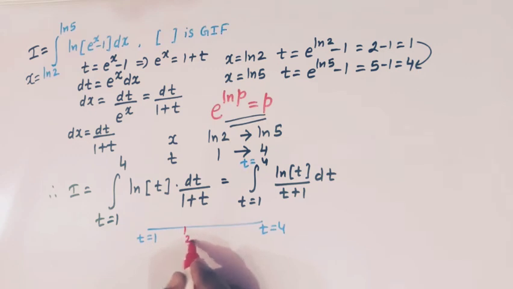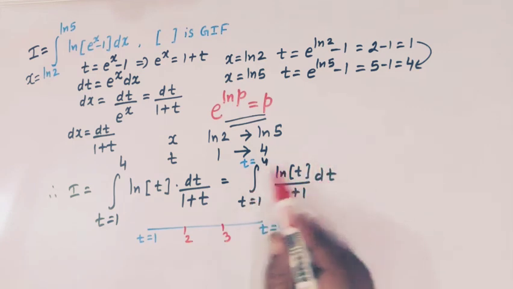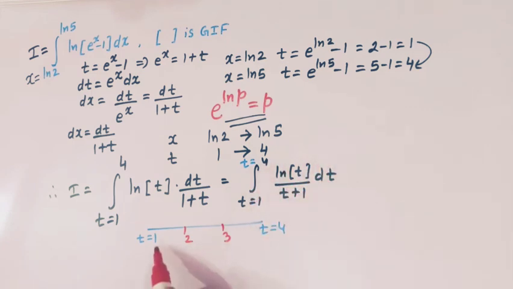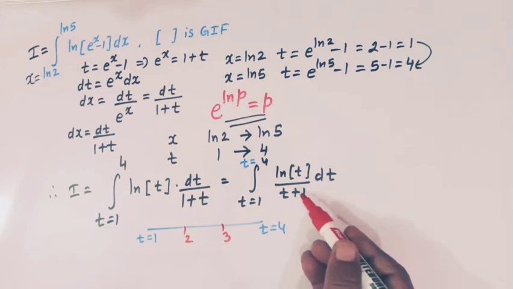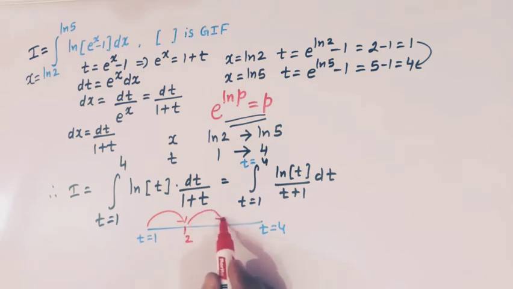The first one is 2 and the other one is 3. So we will split this integral into the sum of three integrals. The first one is from 1 to 2, the second one is from 2 to 3, and the third one is from 3 to 4.